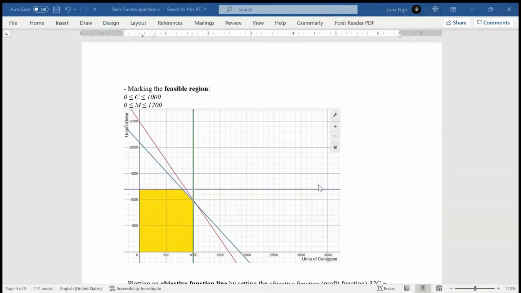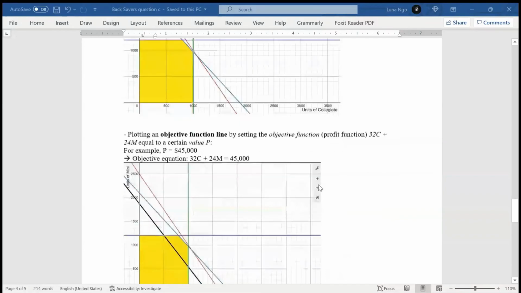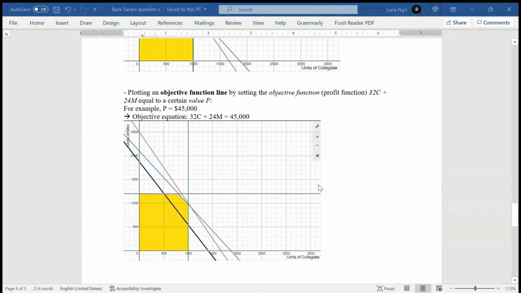To find the optimal solution, an objective function line must be plotted by setting the objective function, or the profit function, 32C plus 24M, equal to a certain value. For example, if I set 45,000 as the value of the objective function, the objective equation will be like this, and it is plotted as a black line in the picture.